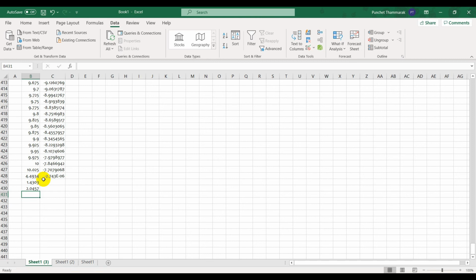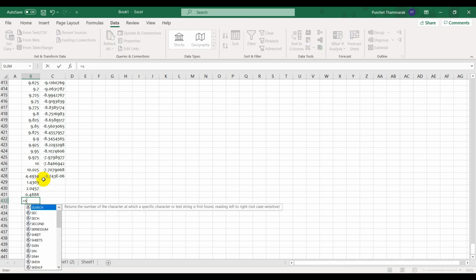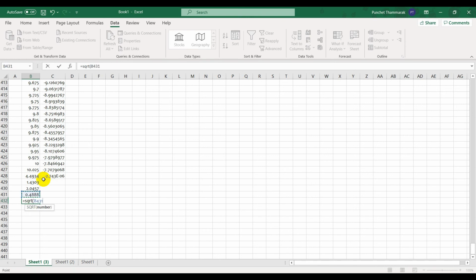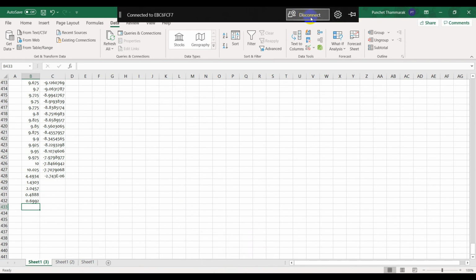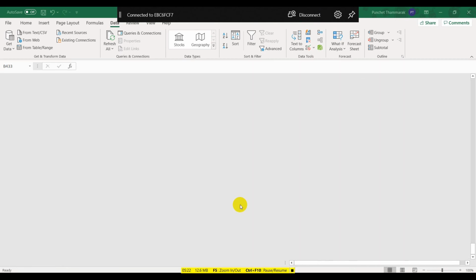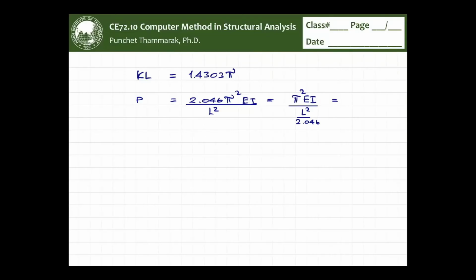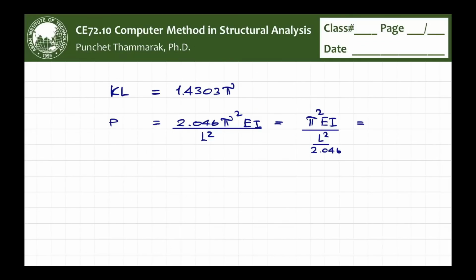Let's say 1 divided by this value is this one, and then you take the square root of this value, 0.6999. Okay, so KL equals 1.43.